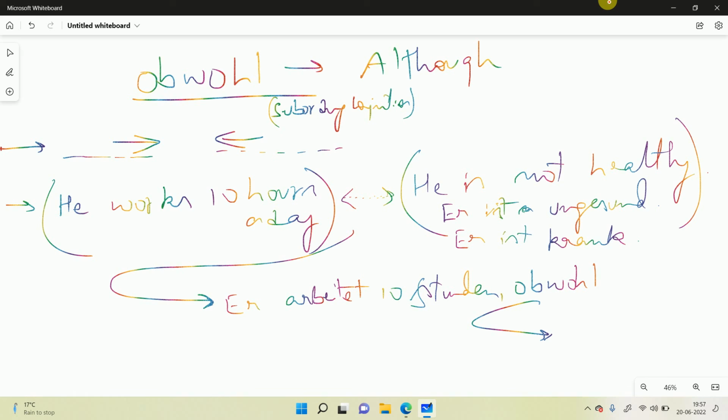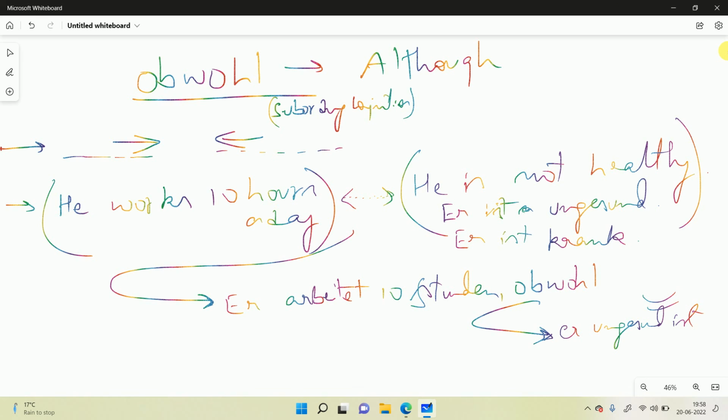So can somebody give it a try? Arbeitet 10 Stunden, obwohl ungesund ist. Yeah, perfect. Ungesund ist. 100% perfect.